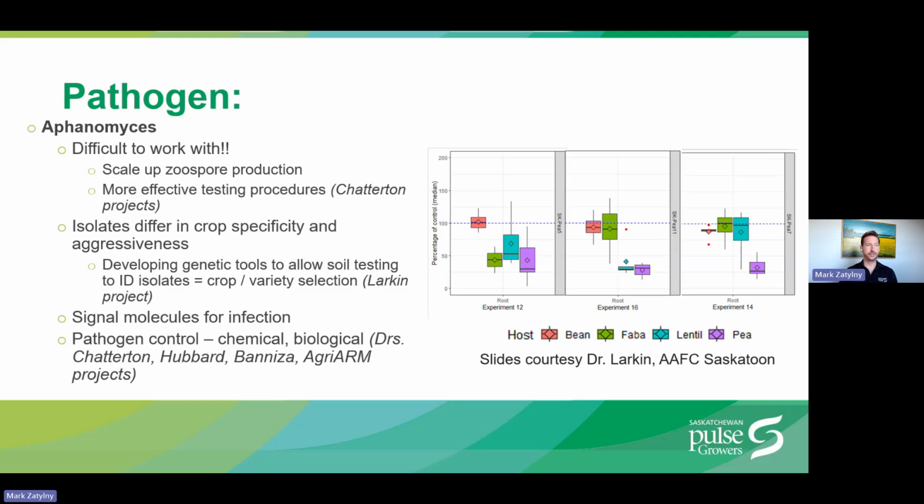And as I've mentioned, Aphanomyces is not the same in every field. If you look at the graph here, this is the work done by Dr. Larkin that I mentioned earlier about the Aphanomyces isolates. In that first image, that is one isolate that impacts faba beans, lentils, and peas fairly equally. The second isolate is just impacting lentils and peas.